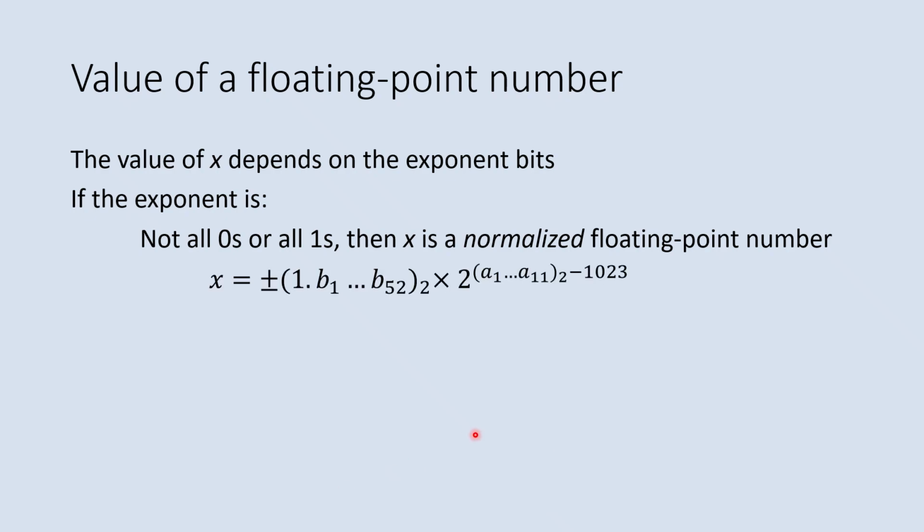The value of the number would then be plus or minus, depending on the sign, then 1 point, then the mantissa part, the B1 to B52. All of this is treated as a number in base 2. And then we multiply that by 2 to a power. In the case of a normalized number, the power is the A1 to A11 as a binary value, and then we subtract 1023 from that.